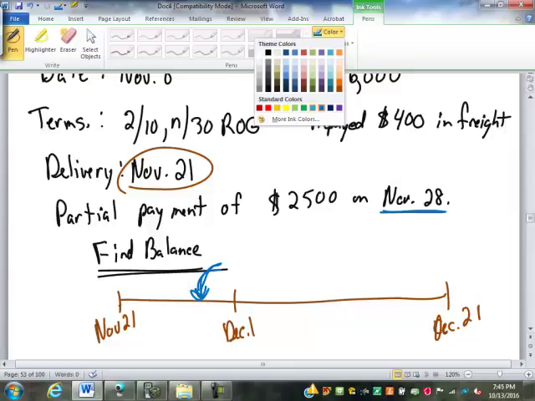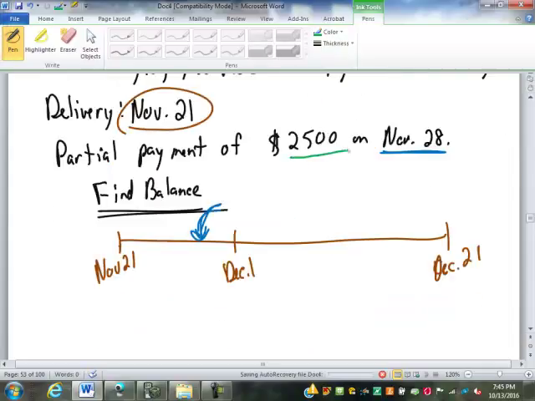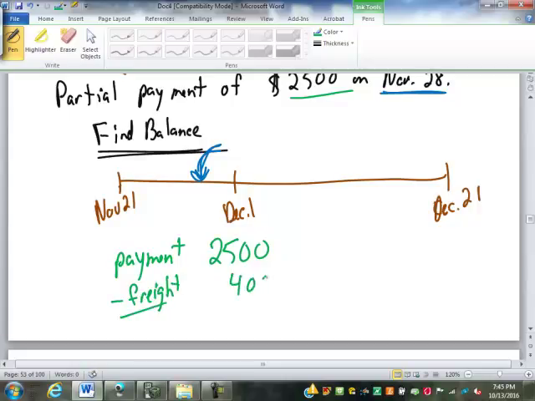What's the first thing we do with our payment? Subtract the freight. So we got $2,500 payment. Subtract our freight of $400. So $2,100 is what's going to get applied to the invoice.